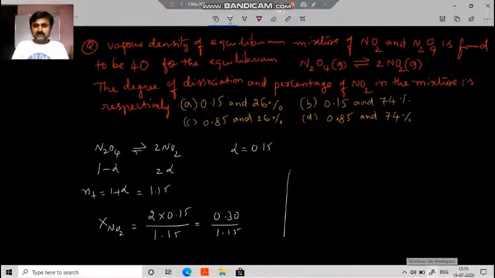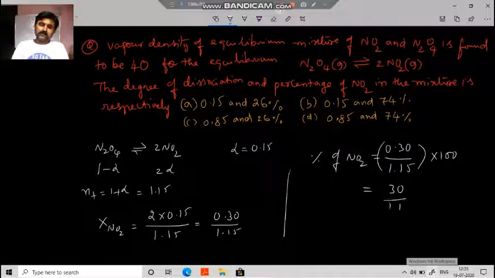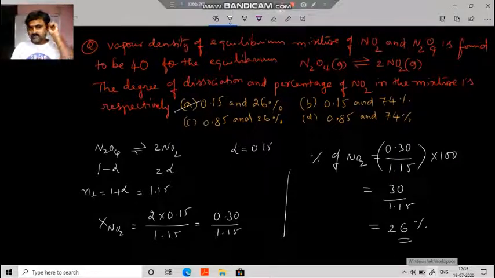If you want the percentage of NO2 in the mixture, then it will be 0.30 by 1.15 into 100. Then what will happen? This is 30 by 1.15, which will be approximately equal to 26%. Okay, so definitely we'll go with option 1 as the answer for this question.